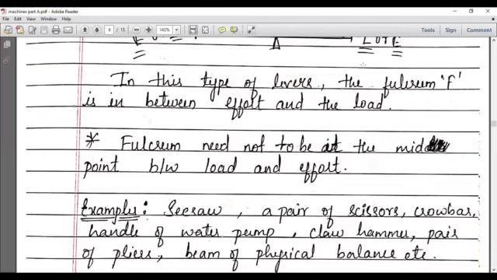In this case, the point at the edge of the boat at which the handle rests acts as the fulcrum. Go through page number 53 of your textbook, figure number 3.3. The effort arm is less than the load arm.